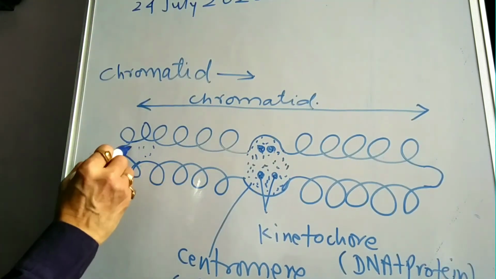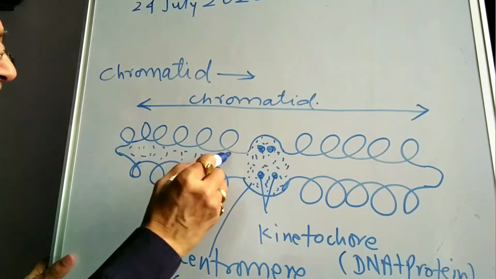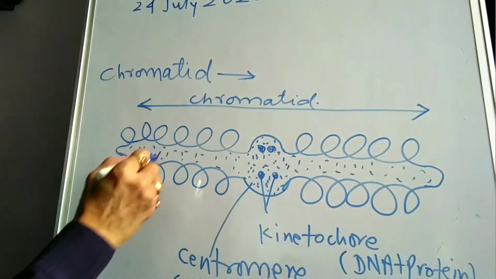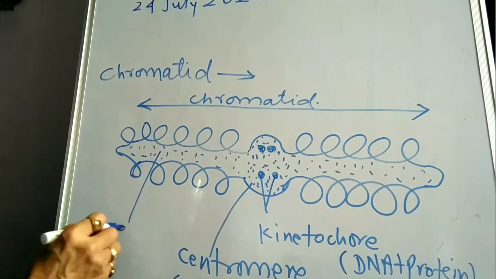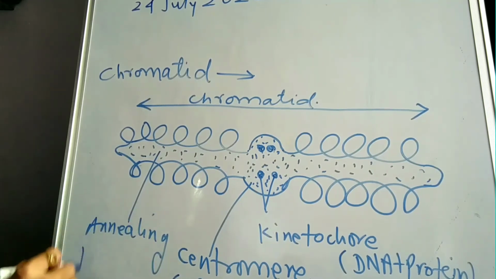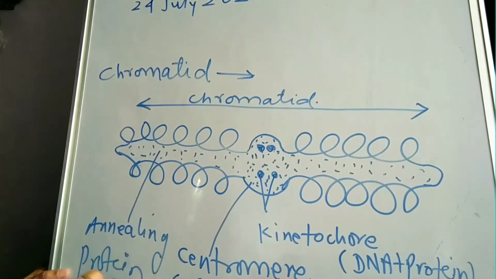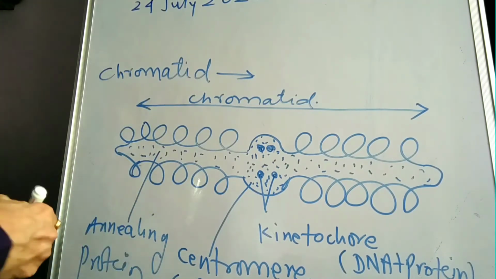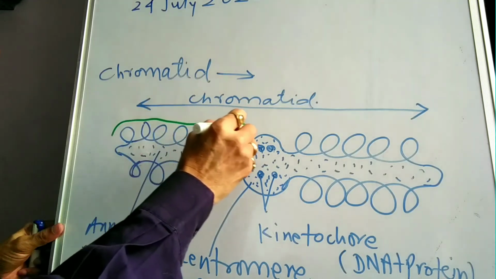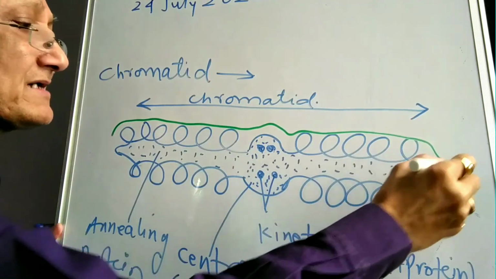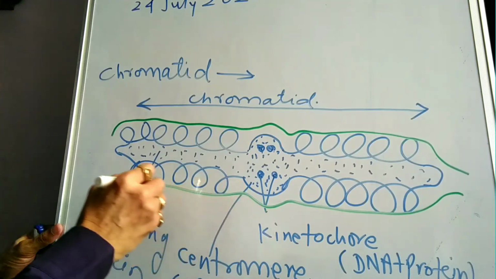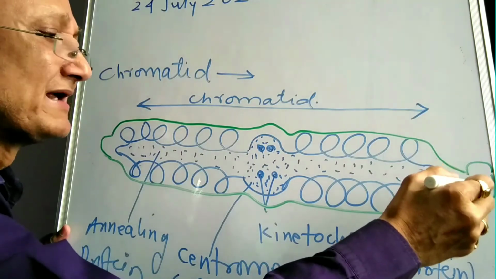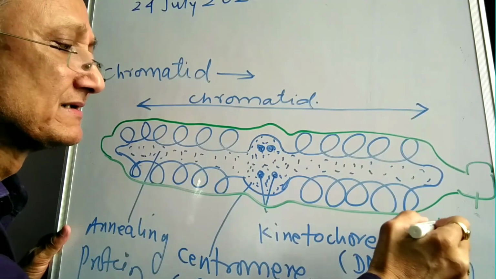Okay, and this one is the annealing protein, sticking the chromosome together, and beside this a layer of pellicle is also present on the exterior part of the chromosome, and there can be a knob-like structure called satellite.